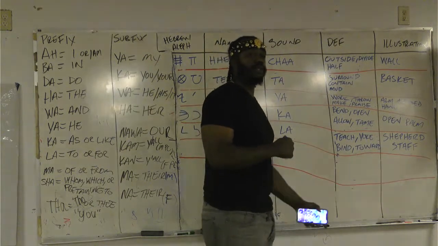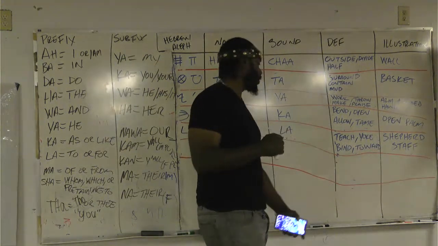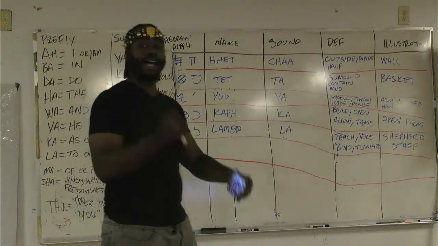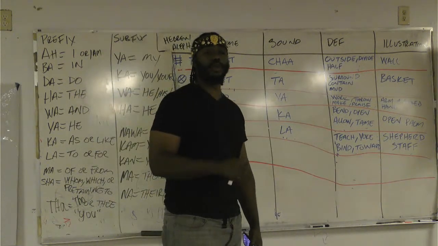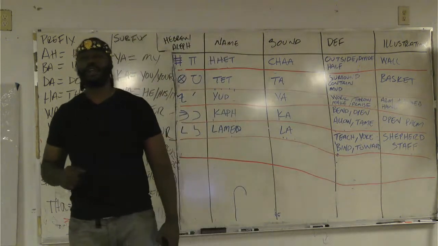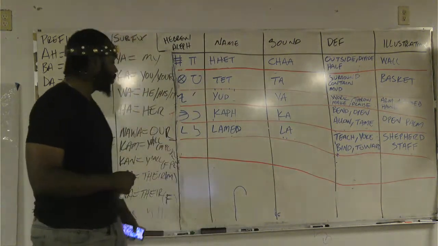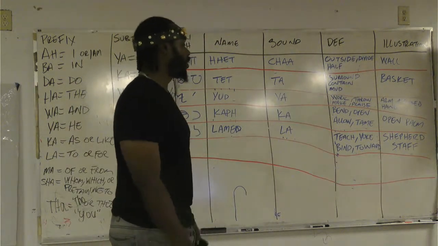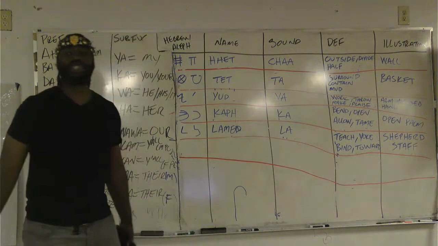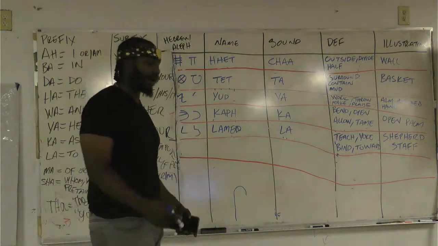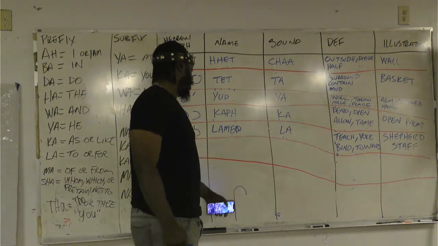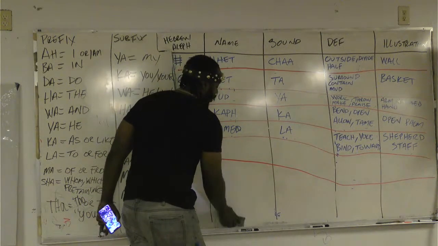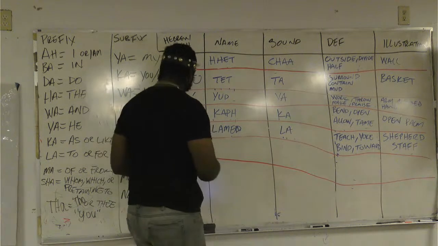They would teach the sheep with the shepherd's staff. To bind down your enemies. When a wolf would come up against the flock, it would use the shepherd's staff to hook it up and beat it. And then to shepherd, to usher. So that's what that means. And we already went over that when we broke down the word Allah.